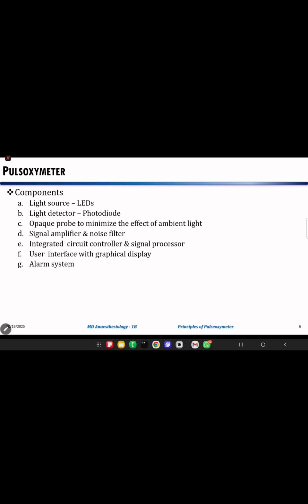And we use a signal amplifier and a noise filter, and also an integrated circuit controller and signal processor to find the final calculation. There is a user interface with a graphical display to show the final graph and the value, and there should be alarm systems.